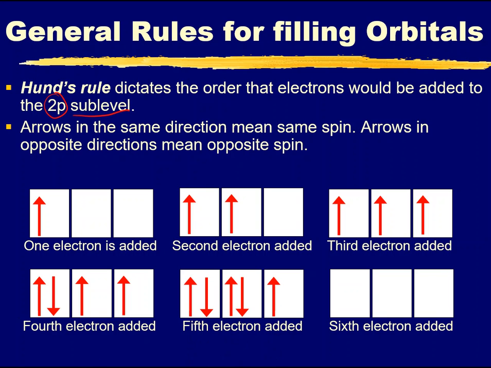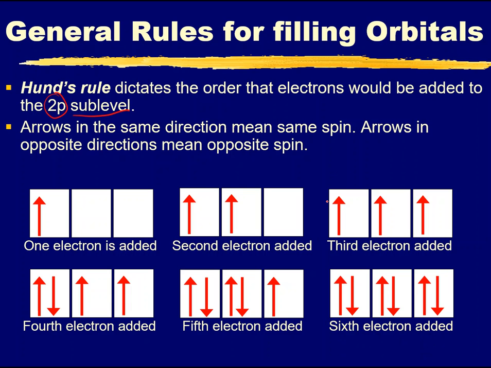If we had to add a fifth electron to a P sublevel, then of course there would be 2 paired up in the first 2 boxes, and then the last one is unpaired. And if we had to completely fill the 2p, then all of them are paired up, one spinning clockwise, one spinning counterclockwise in each orbital.